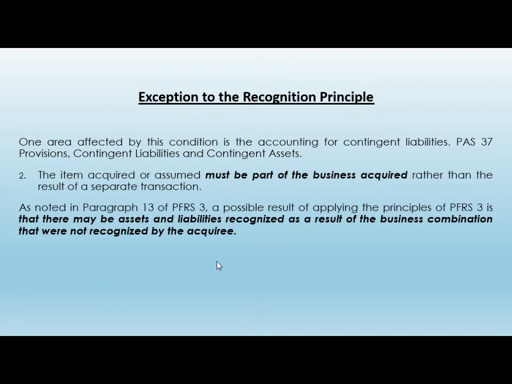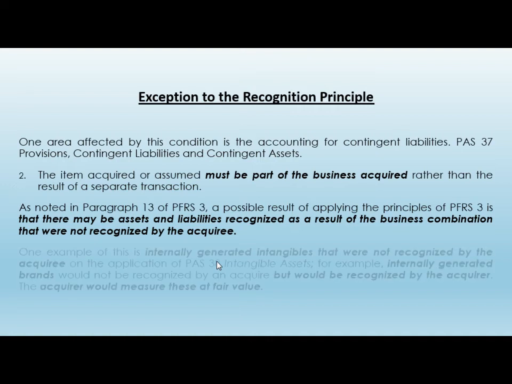A possible result of applying the principle of PFRS 3 is that there may be assets and liabilities recognized as a result of the business combination that were not recognized by the acquiree because of the provisions under PAS 37.